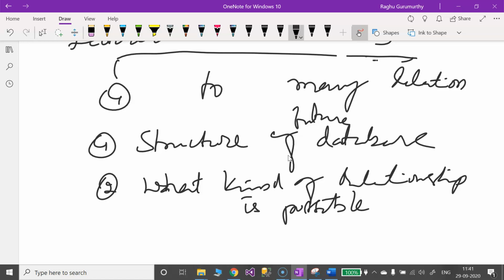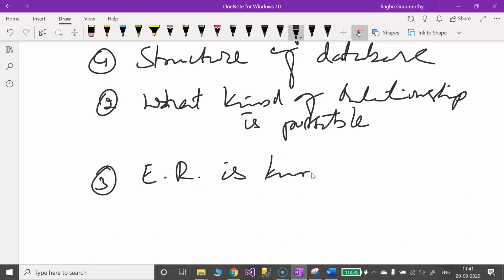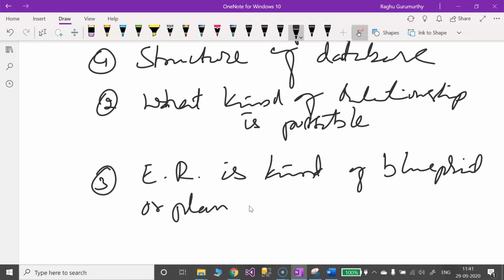Got it. Later, the entity relationship model is a kind of blueprint, nothing but a plan, for database design. Got it. So this is the introduction with respect to the entity relationship model.